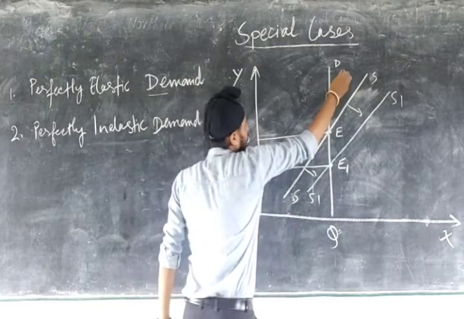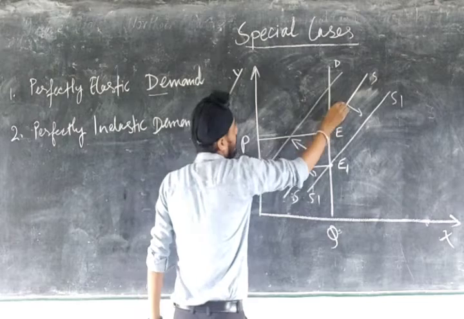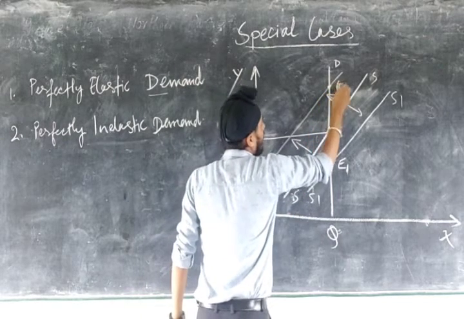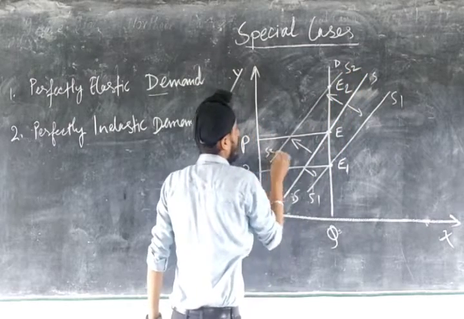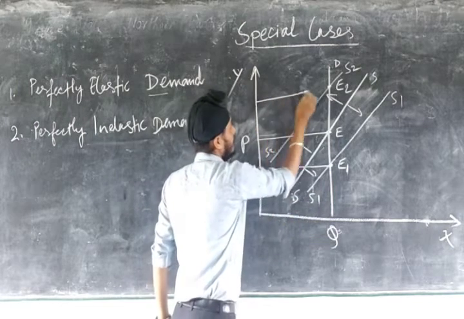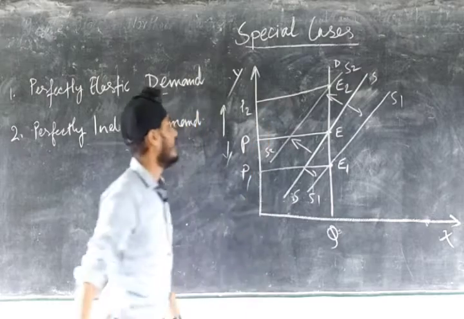Now if I decrease the supply, it moves towards left. So what happens? You can see that we got one equilibrium point E2, and this is your supply curve. But quantity remains same, and your equilibrium price, that is P2, increases.